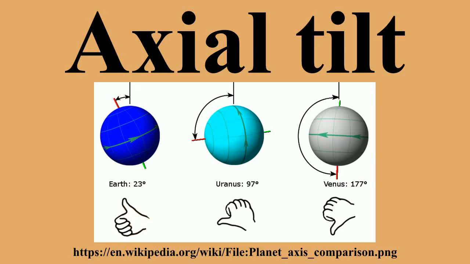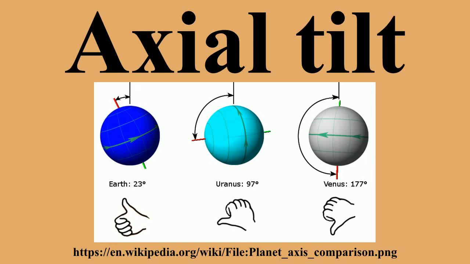Earth's orbital plane is known as the ecliptic plane, and Earth's tilt is known to astronomers as the obliquity of the ecliptic, being the angle between the ecliptic and the celestial equator on the celestial sphere. It is denoted by the Greek letter epsilon. Earth currently has an axial tilt of about 23.4 degrees.